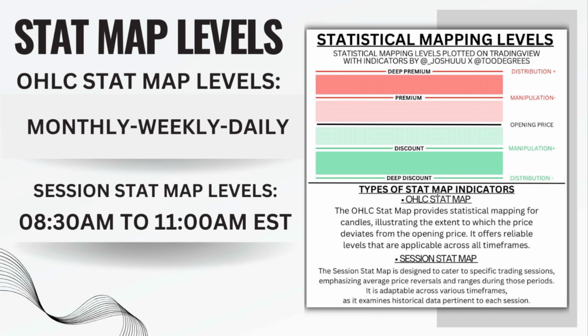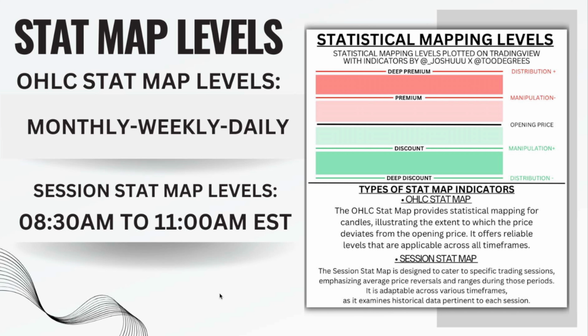So the type of stat map indicators, we have the OHLC stat map and session stat map. The OHLC stat map provides levels off of the candlestick that you are currently selecting. So that could be either the daily, weekly, monthly, 4-hour, or 1-hour candle. Whereas a session stat map creates these levels based off the specific trading sessions you select.